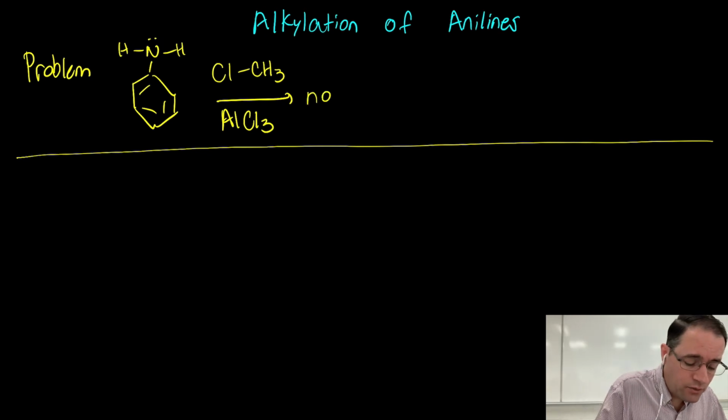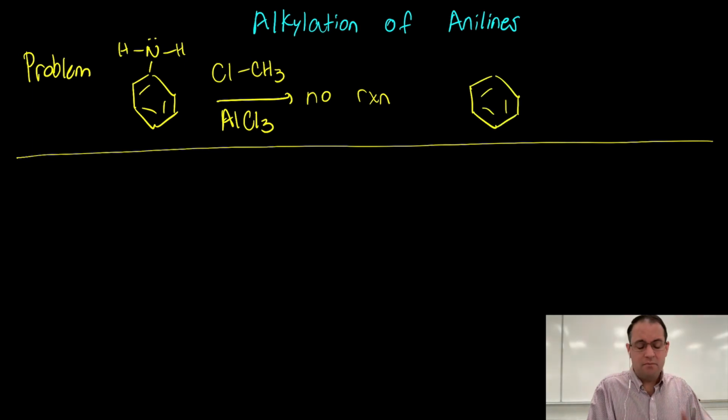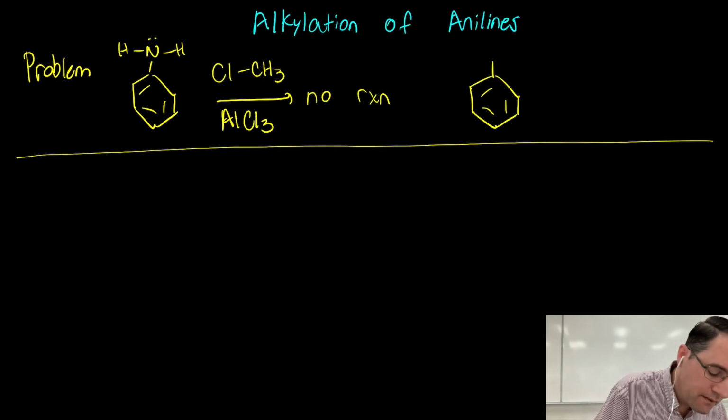But there's no reaction that occurs here because the lone pairs attack the aluminum chloride, and it both deactivates the aromatic ring and it deactivates your catalyst. Your catalyst is no longer available, okay?